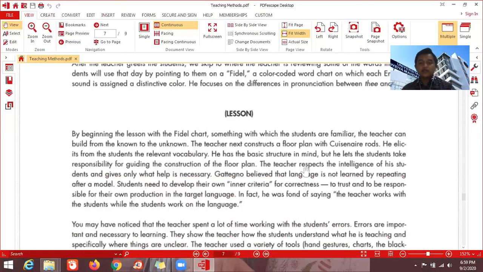I want to emphasize here that the teacher respects the intelligence of his students and gives only what help is necessary. So here they just supervise in a kind of passive way. Just sit there, look at the students learning by themselves, just like librarians. If you have a question, you ask me.